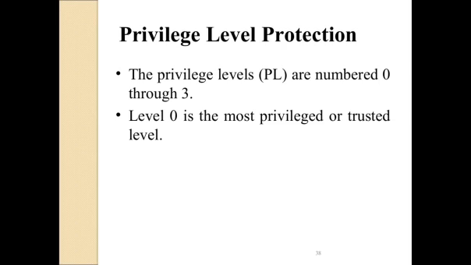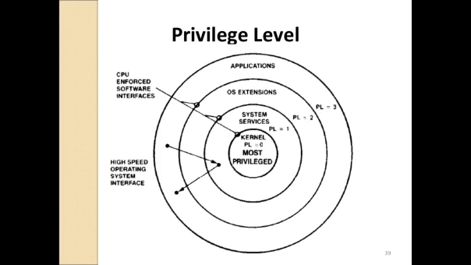Level 0 is the most privileged or trusted level, whereas level 3 is the lowest privilege. There is a diagram which demonstrates the different privilege levels. PL0 is the most privileged area and it belongs to the kernel. PL1 is for system services, PL2 for OS extensions, and PL3 for applications, which are user applications.